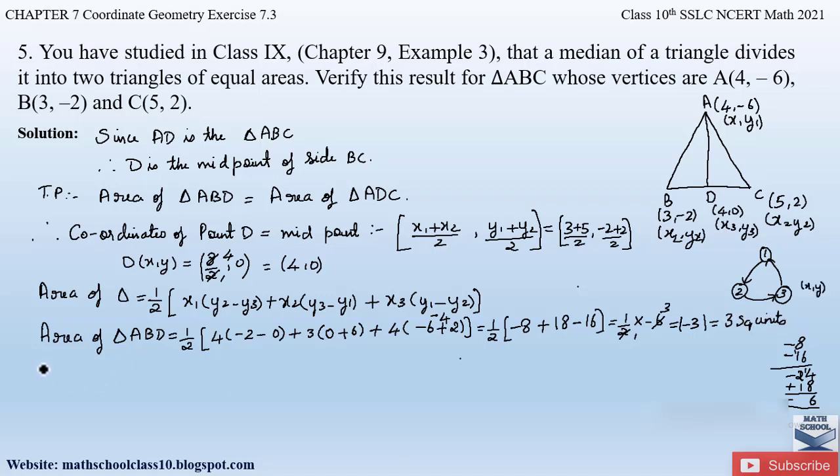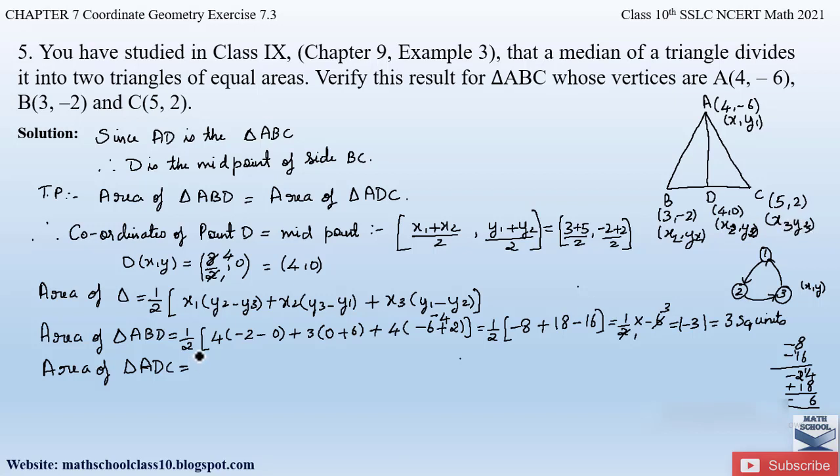Similarly, let us find out the area of triangle ADC now. So to find the area of triangle ADC, let us assume point A to be (x1, y1), point D to be (x2, y2) now, and let point C be (x3, y3).